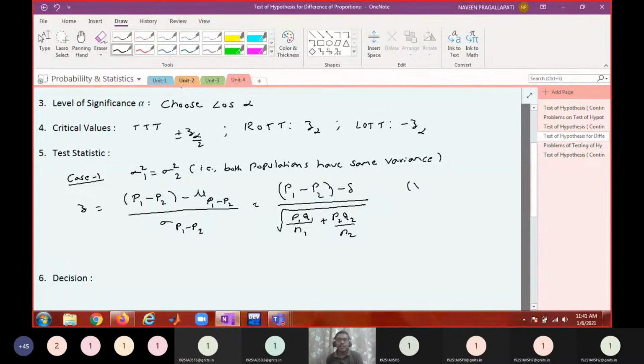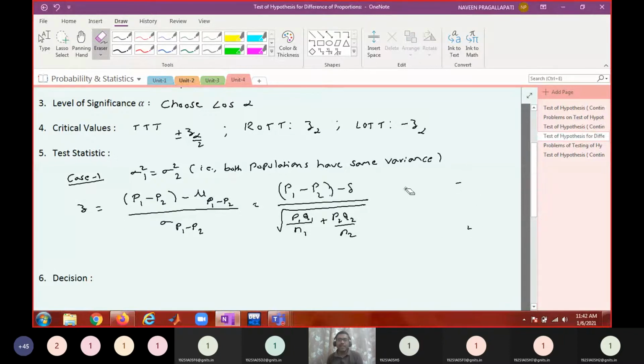Is it not similar to (x1 bar minus x2 bar minus delta) by root of sigma 1 square by n1 plus sigma 2 square by n2? Yes. Okay, so this is the formula for the difference of means.